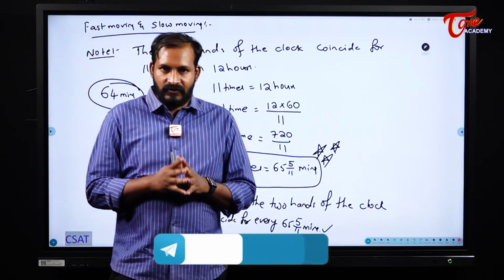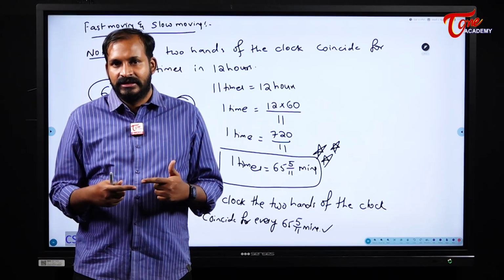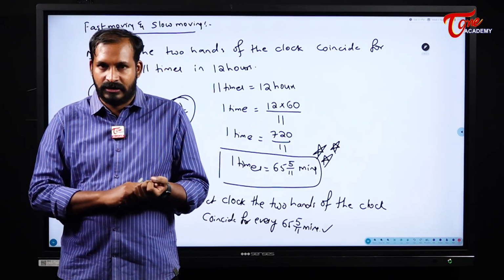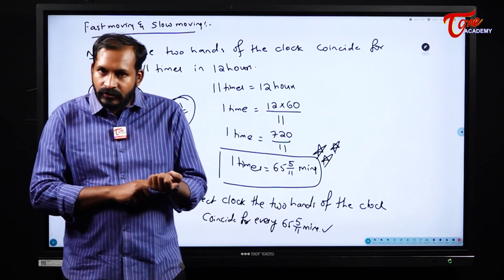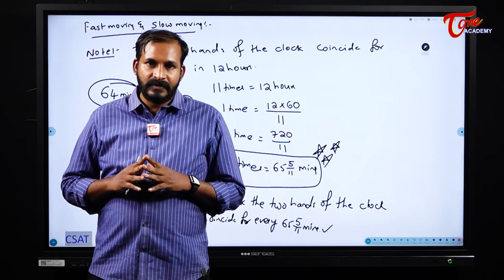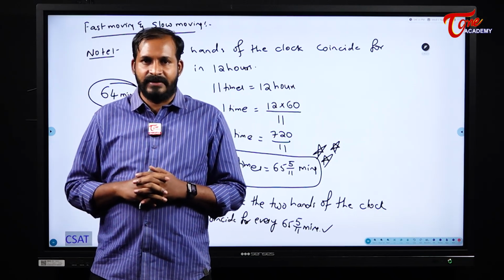before exact 10 o'clock itself, your watch will show 10 o'clock, right? Why? Because it is moving fast. So before the actual 10 o'clock, your watch will show the time as 10 o'clock. So what will you do? According to your watch, you will go and sit in the examination hall. That means you will go a little bit earlier than the actual time.